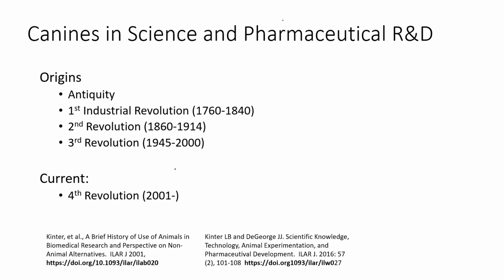The third period that we speak of, and this is the one I'll spend the most time with today, is the period after the Second World War to the end of the century. And you'll see more about that in subsequent slides.